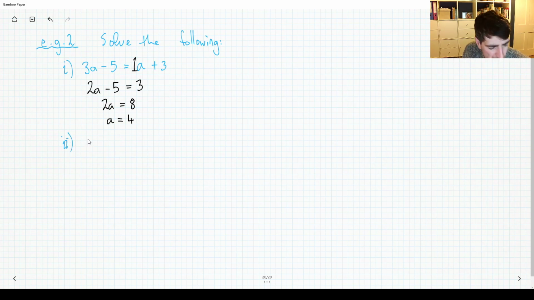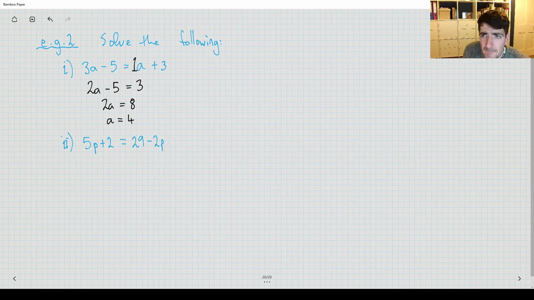Second example, slightly trickier, is 5p plus 2 equals 29 minus 2p. So just like before again, we're going to start by getting rid of, say, this minus 2p. So we're going to add 2p to both sides.